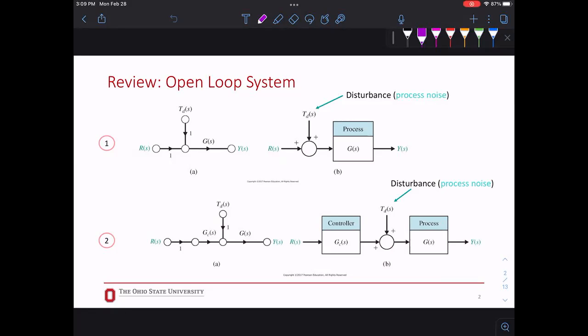Well, there is no feedback. So the system is open, right? Now, does the controller mean that you have to get feedback from the output to control something? No. You can have a timer, right?